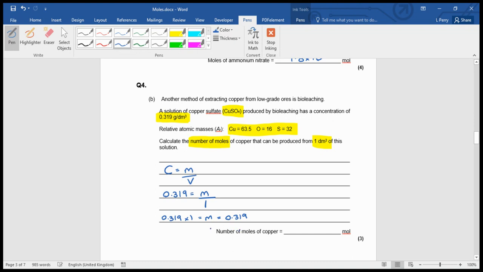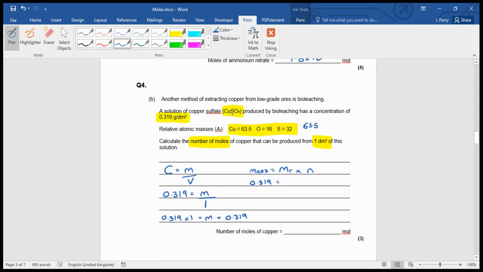I now understand why I needed my mass, because I'm trying to find moles and mass is in the moles equation. So if I write my moles equation, mass is formula mass times the number of moles. I've got the mass, 0.319. Right, I've not worked out the formula mass yet. So I'm going to work out the formula mass. I've got CuSO4. So I've got 1 copper, which is 63.5.